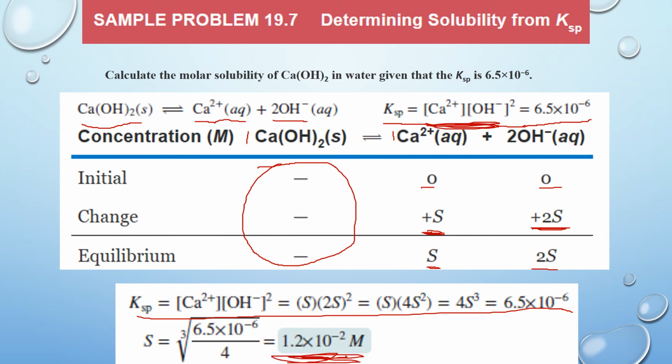Because molar is mole per liter, that means if you put some calcium hydroxide solid into 1 liter of water, 1.2 times 10 to the negative 2 moles of this solid will be dissolved. The remaining will remain as a solid.